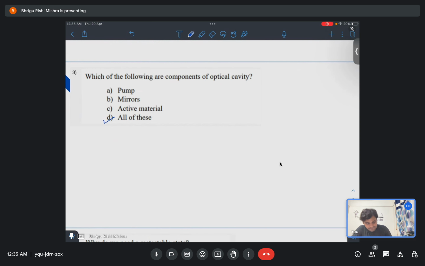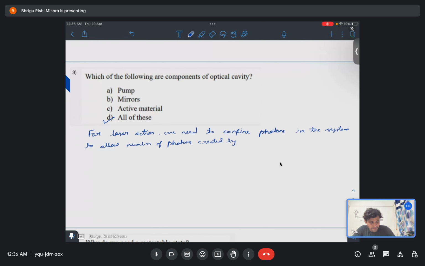Okay, so for laser action we need to confine photons in the system to allow the number of photons created by stimulated emission to exceed all other mechanisms.